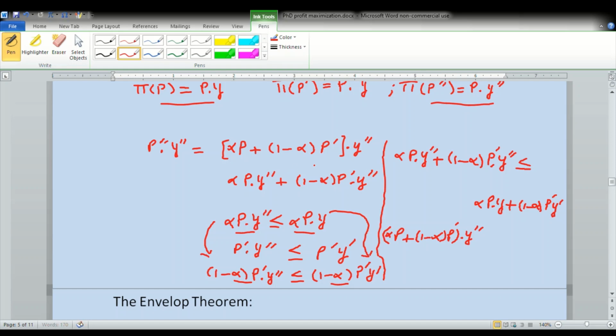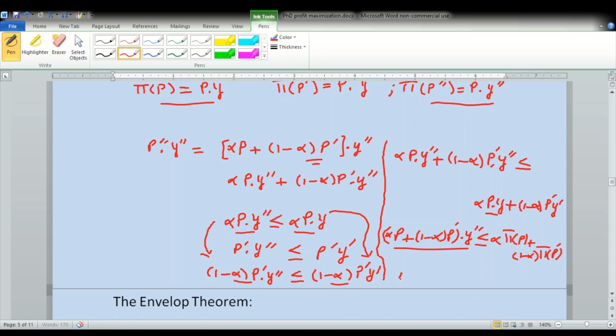I have recreated this thing on the left hand side, which is less than or equal to alpha pi p plus 1 minus alpha pi p dash.